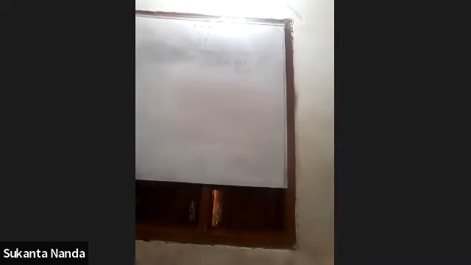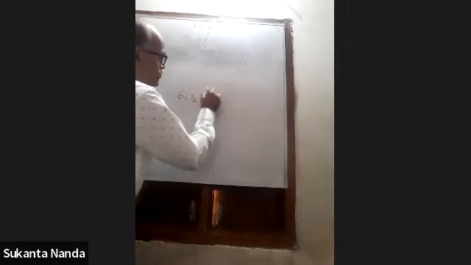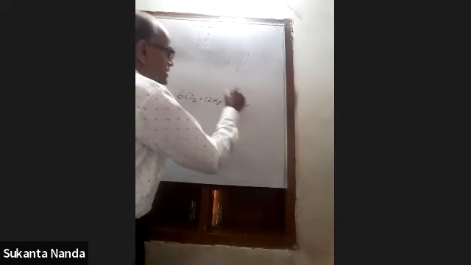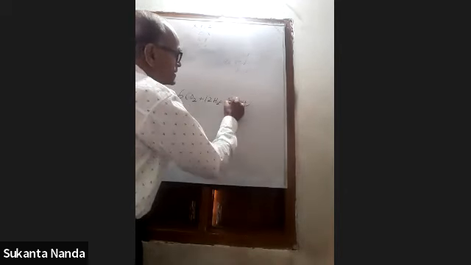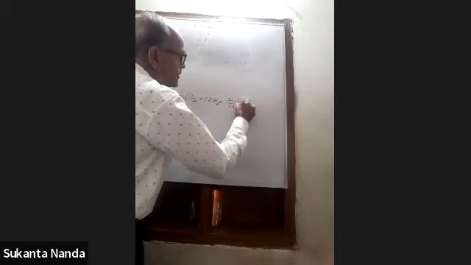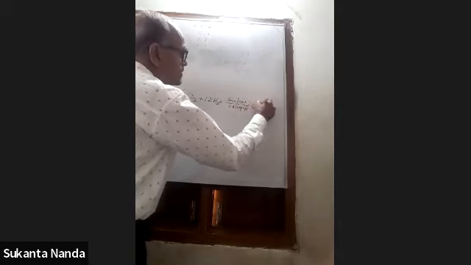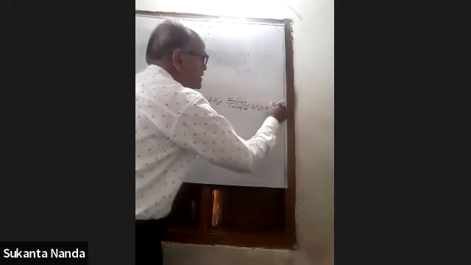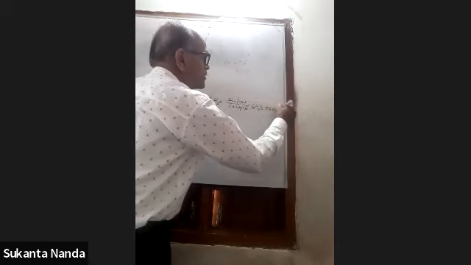The equation of photosynthesis: 6CO2 plus 12 H2O, by using sunlight and chlorophyll, gives C6H12O6 plus 6 H2O plus 6O2.